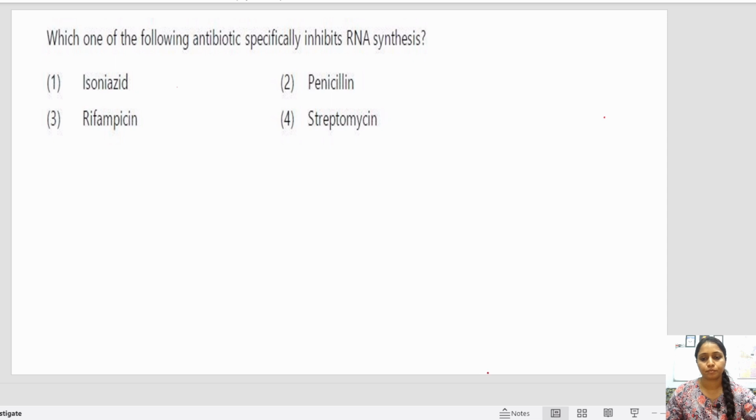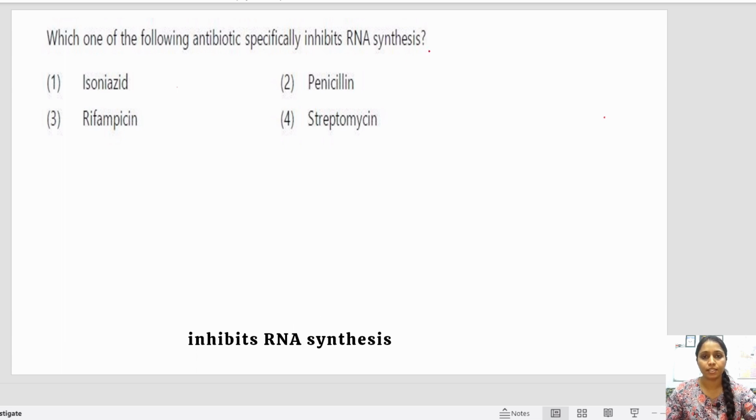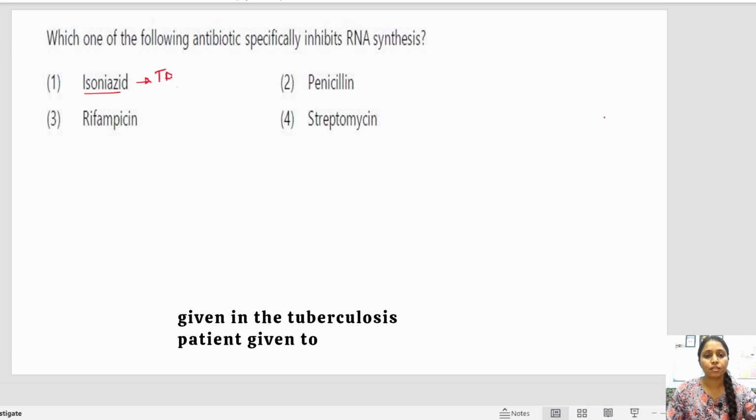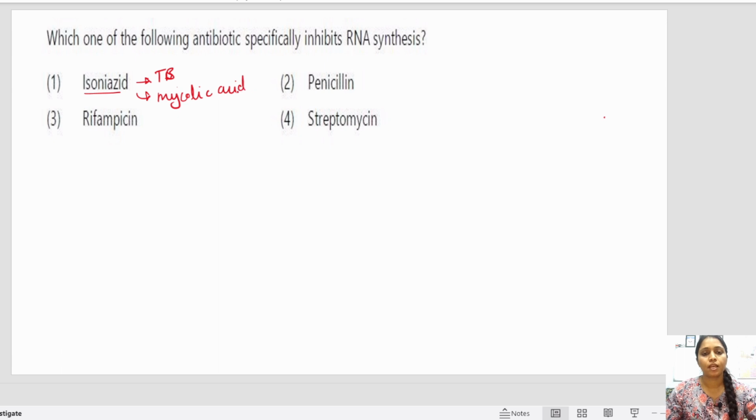Next is: which one of the following antibiotics specifically inhibits RNA synthesis? So isoniazid is given to the tuberculosis patient, and it specifically inhibits mycolic acid synthesis in the cell wall of bacteria.